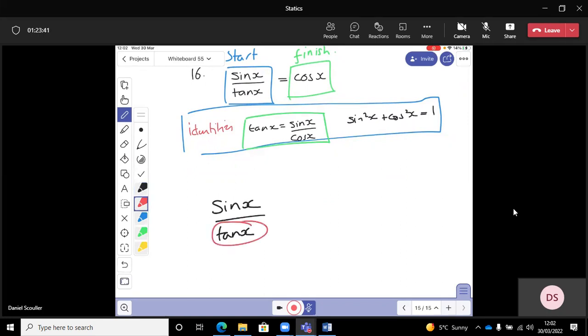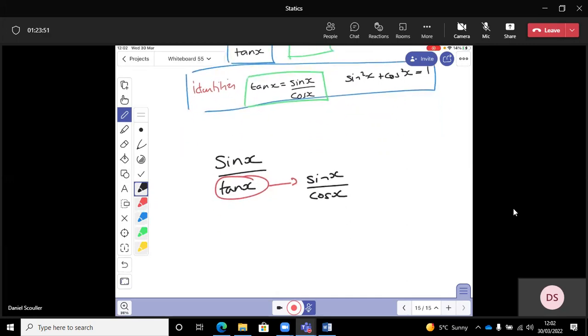That will leave us with sin x over sin x over cos x.